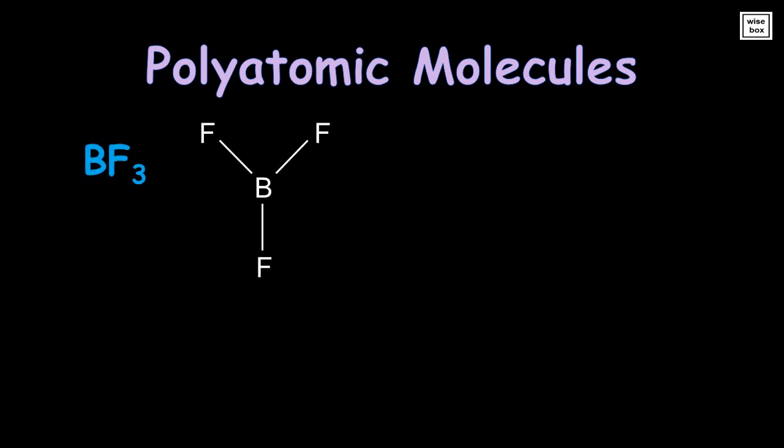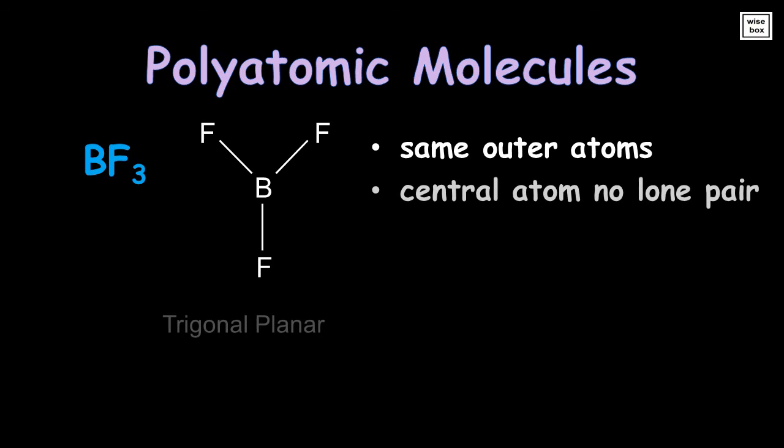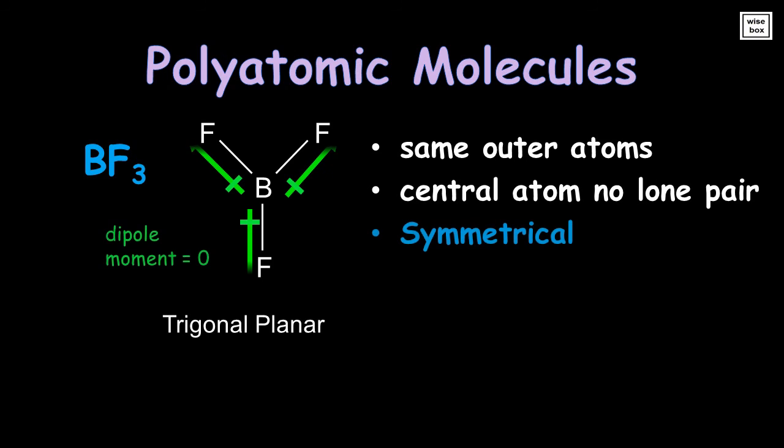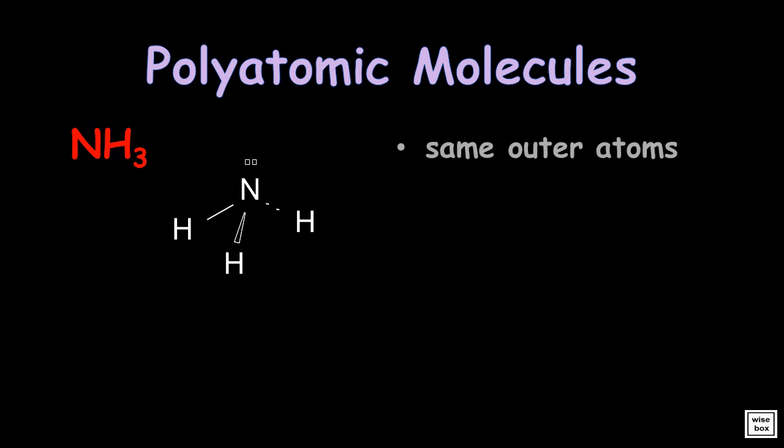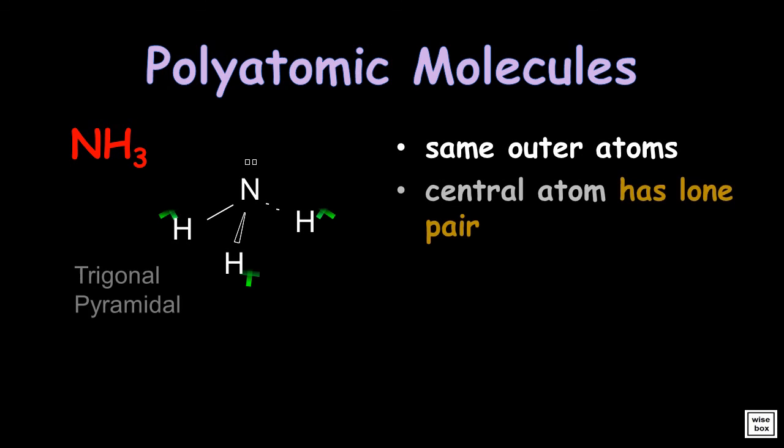Here is boron trifluoride. Outer atoms are identical, and the central atom has no lone pair. The dipole moments are symmetrical. Thus, it is nonpolar. Here is ammonia, or NH3. Outer atoms are identical, but the central atom has a lone pair.